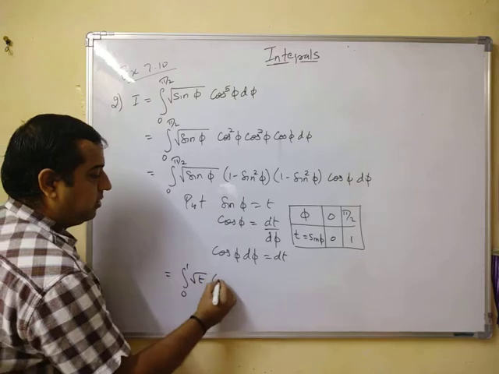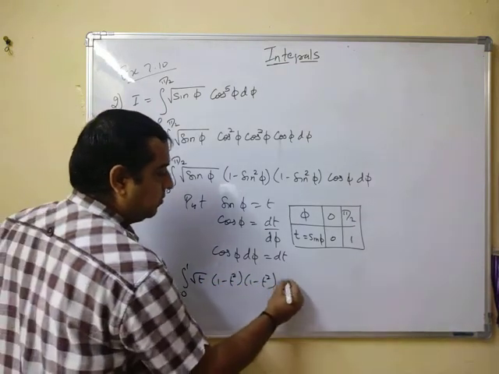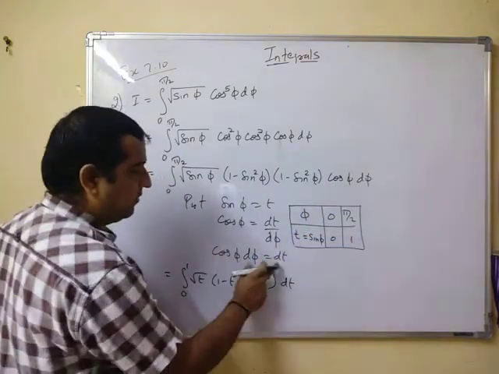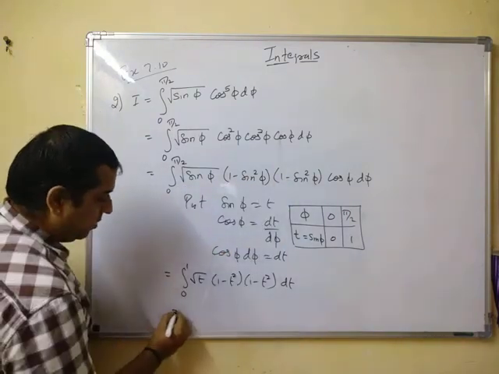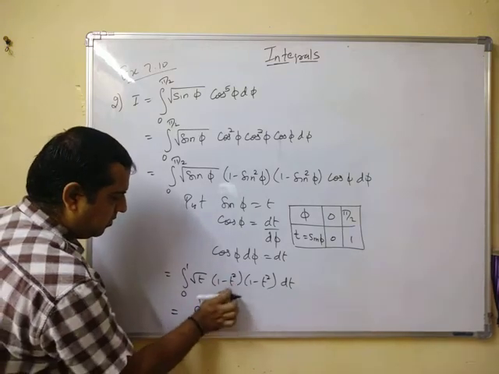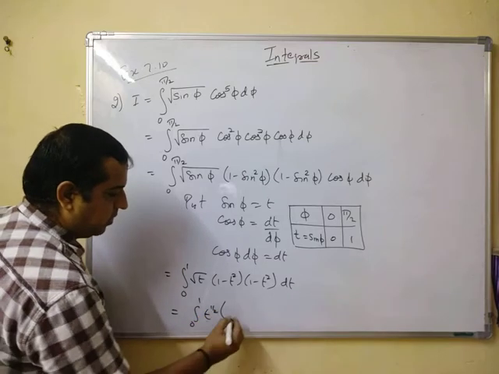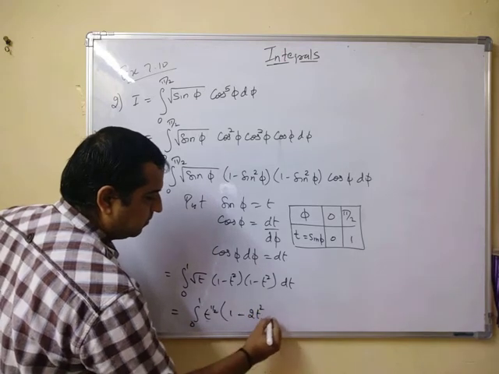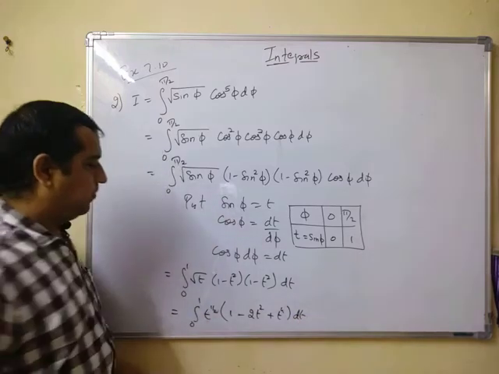You get under root t, 1 minus t square, 1 minus t square, and this gives you dt. Okay, cos phi d phi is dt. This gives you integral from 0 to 1 under root t, or one can write this under root t as t raised to half, times 1 minus 2t square plus t raised to 4, dt.